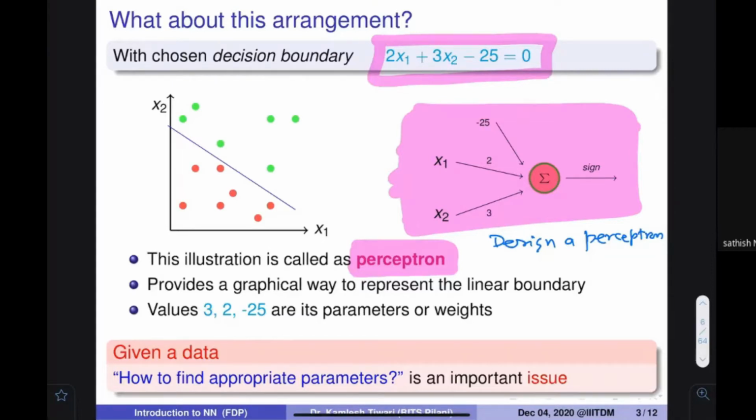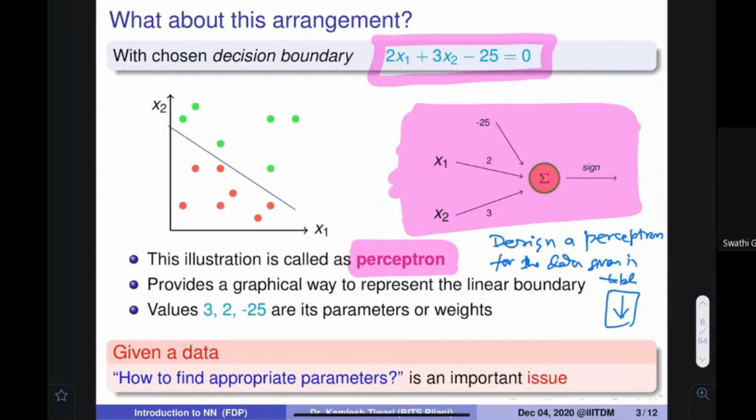Design a perceptron for the data given in the table that we have seen just now. So, can you solve this particular problem? Everybody understand that? Can you solve it?